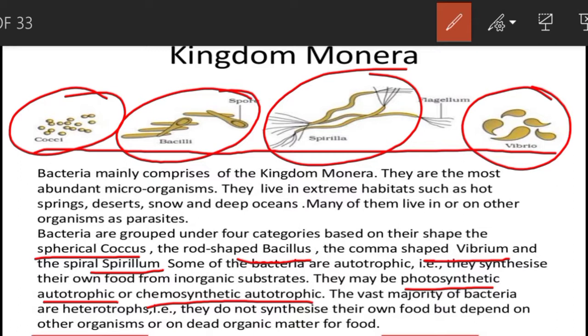Bacteria are used in different ways. Bacteria are natural scavengers. They obtain their nutrition by decomposing dead bodies, dead plants, and animal excreta.